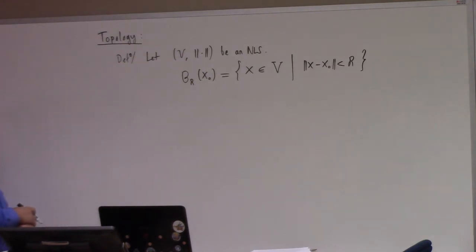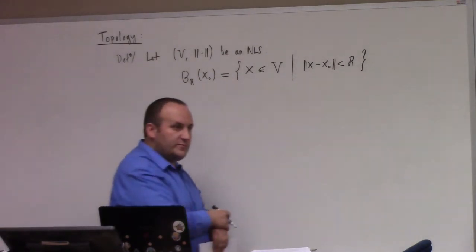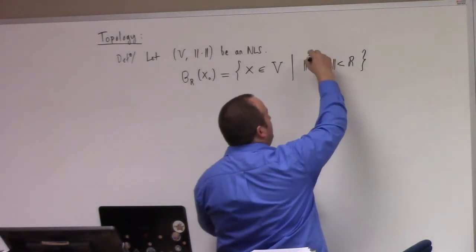So the ball of radius r centered at x naught is the set of x in V such that the norm of x minus x naught is less than r. Now, given our discussion over there, what does this really mean geometrically?